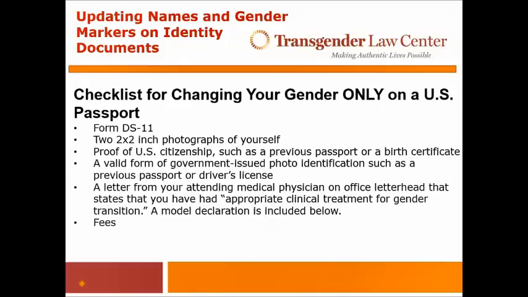This is a checklist for changing your gender only on U.S. passports. So you'll need Form DS-11, two 2x2-inch photographs of yourself, a proof of U.S. citizenship, such as a previous passport or birth certificate, a valid form of government-issued photo identification, such as your passport or driver's license, as well as a letter from a medical licensed physician with office letterhead stating that you have undergone appropriate clinical treatment for gender transition.